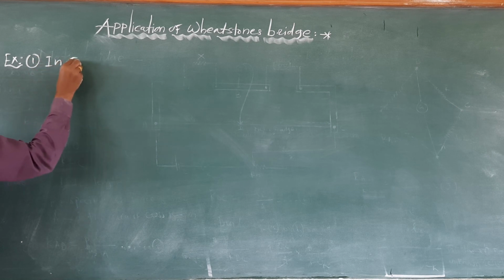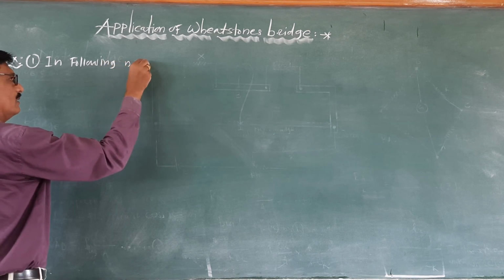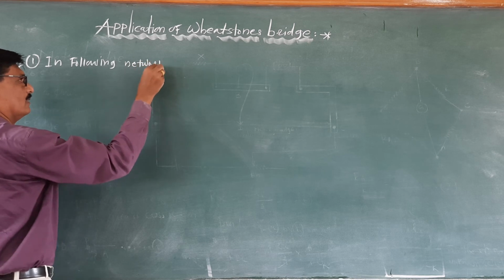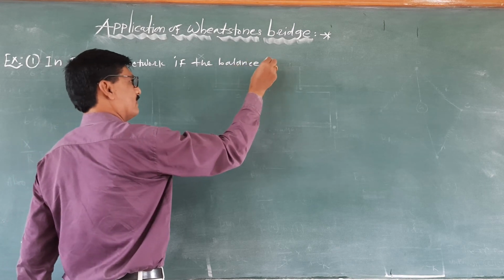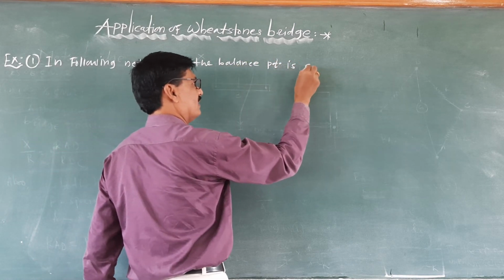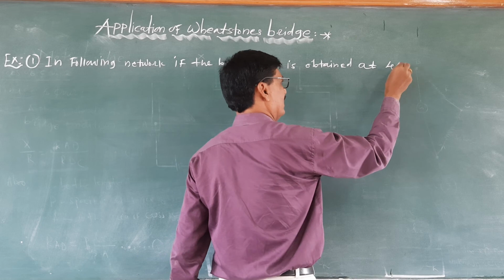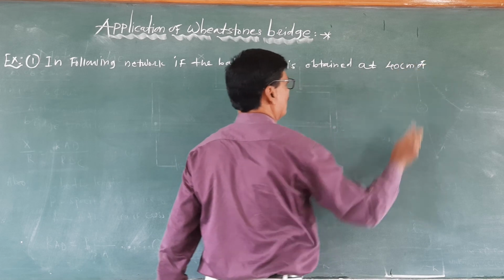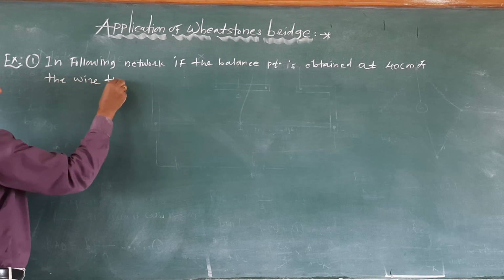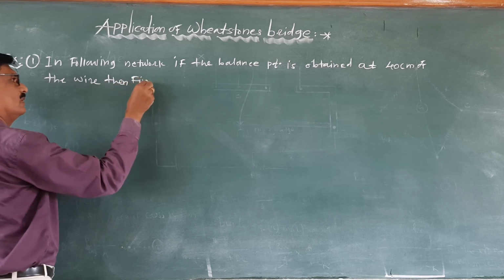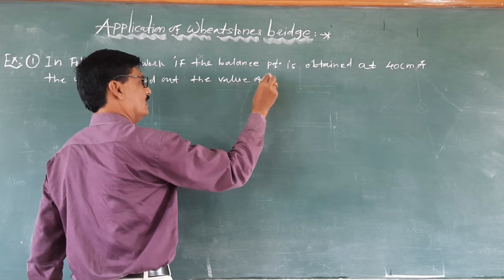In the following network, if the balance point is obtained at 40 centimeter of the wire, then find out the value of the unknown resistance.